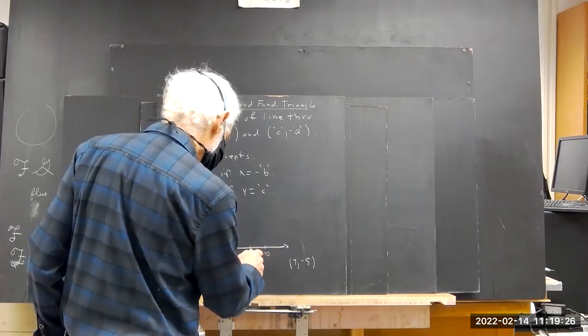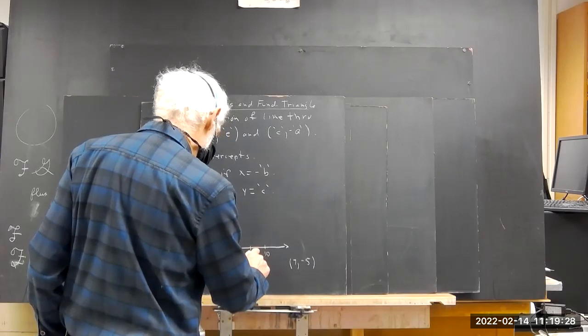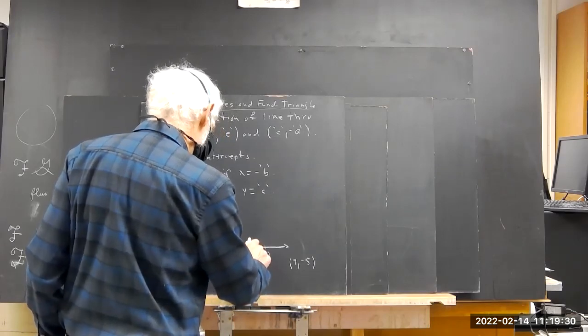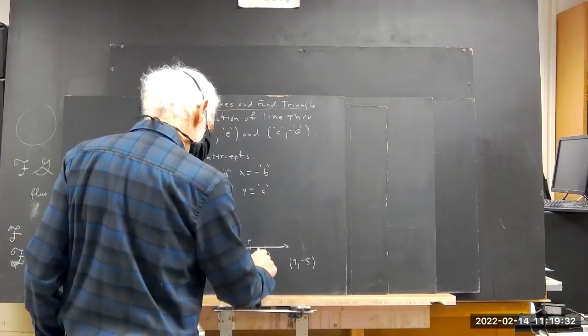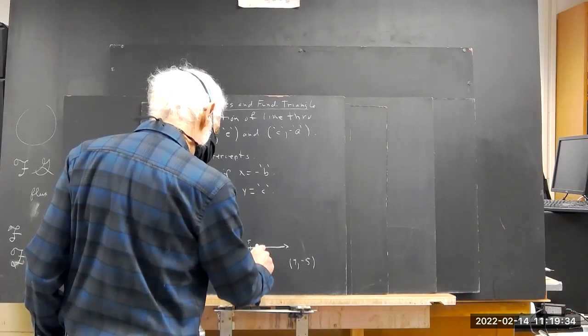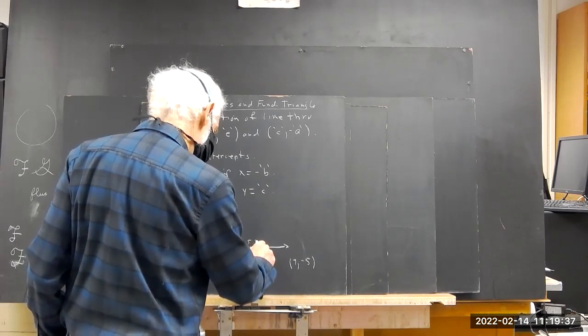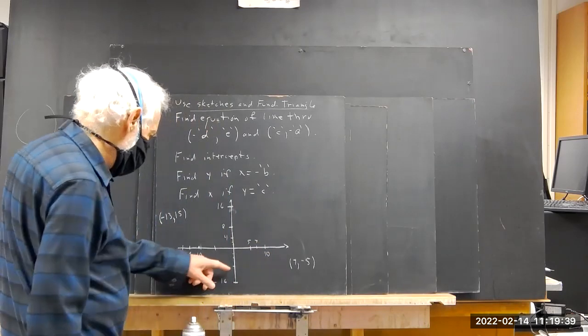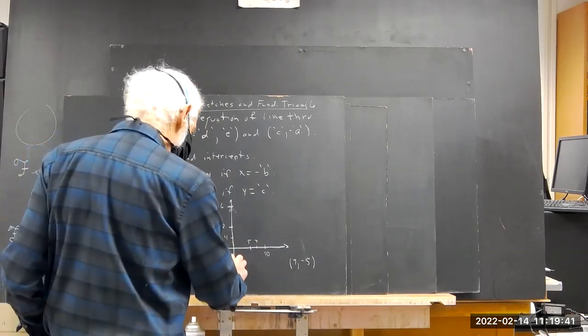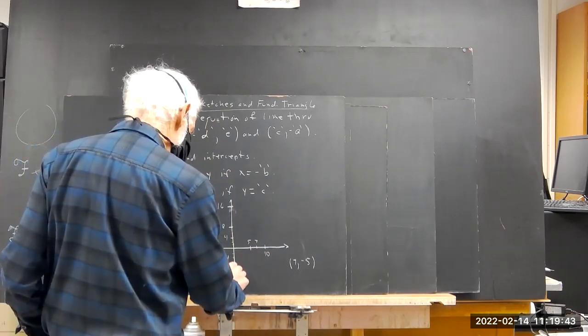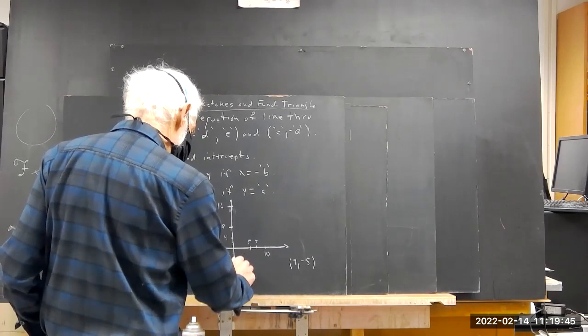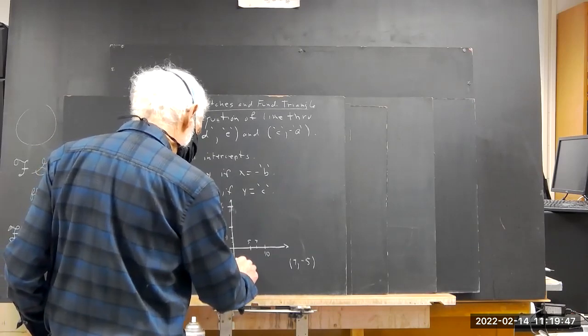Okay, so we've got 5 here. I'm going to label the 5 here. And 7 is going to be a little less than halfway between 5 and 10. There's 7. Okay, -5, well, this would be -4. So -5 would be maybe about here.